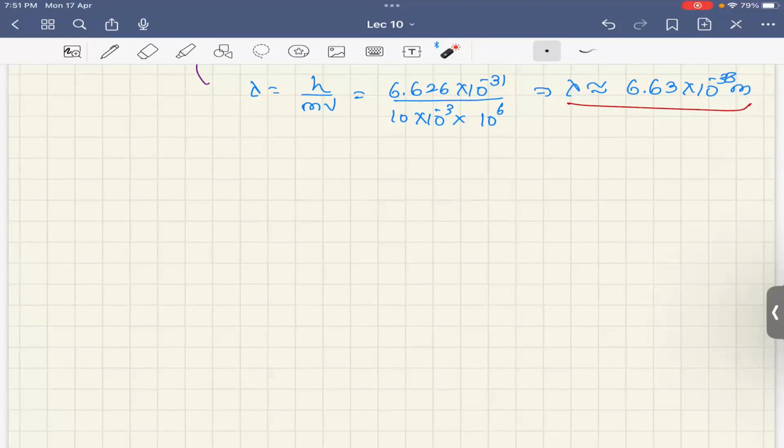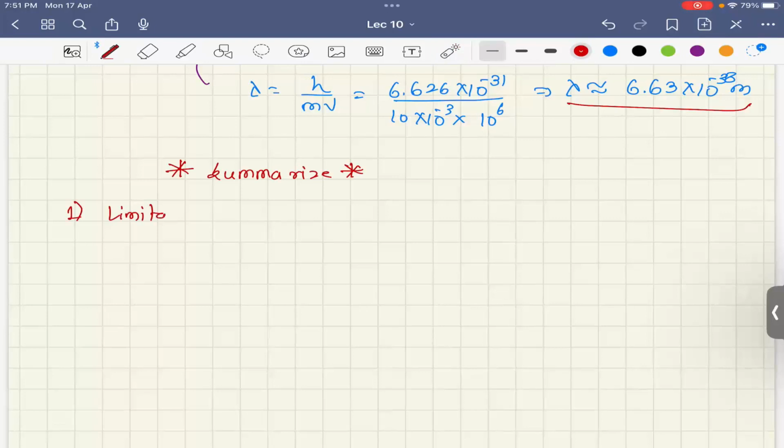So in this class, let us summarize what we have seen. We have seen the limitations of Bohr's model, right? Then we have seen the dual nature of particle.